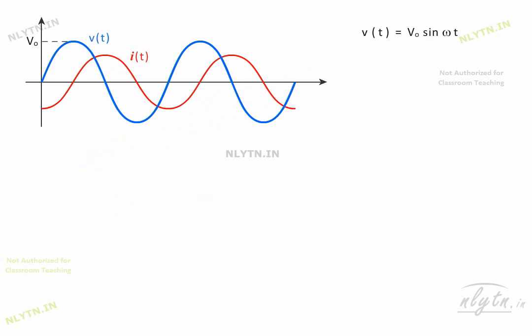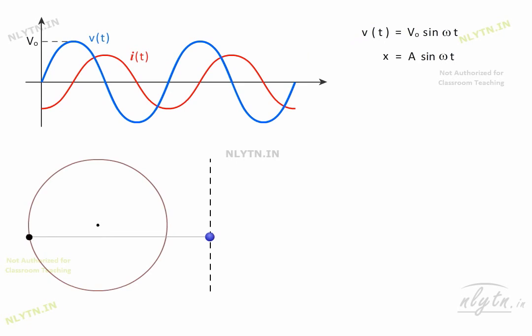Now, this equation is similar to the equation of SHM we have already studied, where we had seen that an SHM can be considered as a projection of a uniform circular motion.